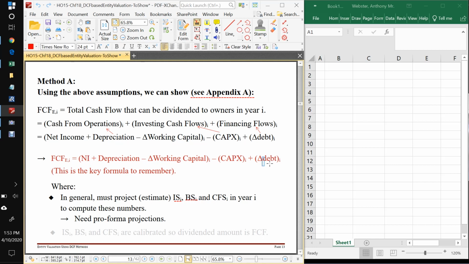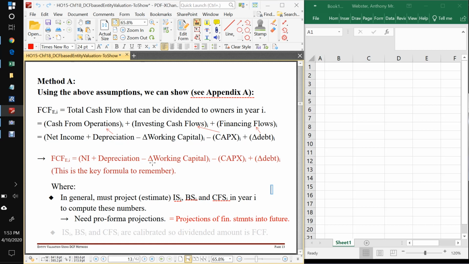That's how we're going to get the debt. And we're going to have to project a cash flow statement for that year. That's how we're going to get the CapEx. So when you do that, these are called pro forma projections. And pro forma projections are just projections of our financial statements into the future.